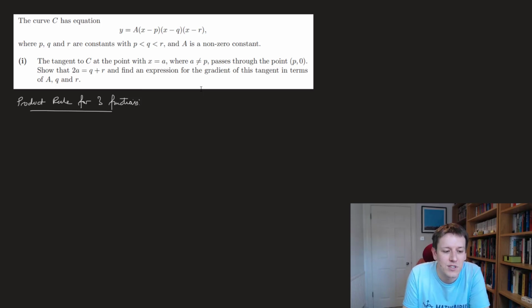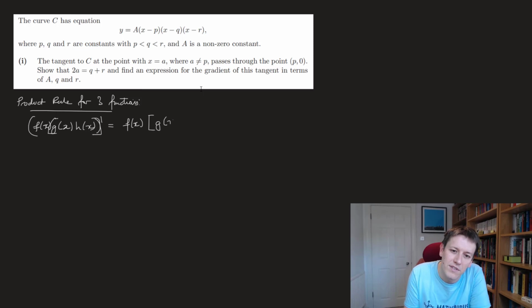So let's say I've got f of x times g of x times h of x, and I want to differentiate that. Well, by the ordinary product rule, let's think of it as f of x then multiplied by this function g of x times h of x. Okay, so I would get f of x times the derivative of g of x times h of x, and then I'd get f primed of x times g of x h of x.